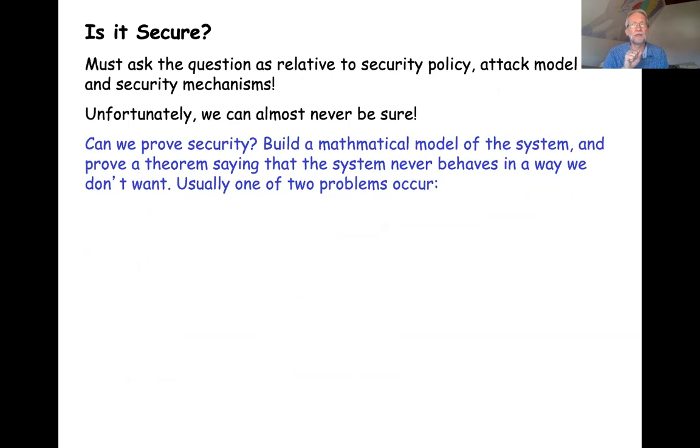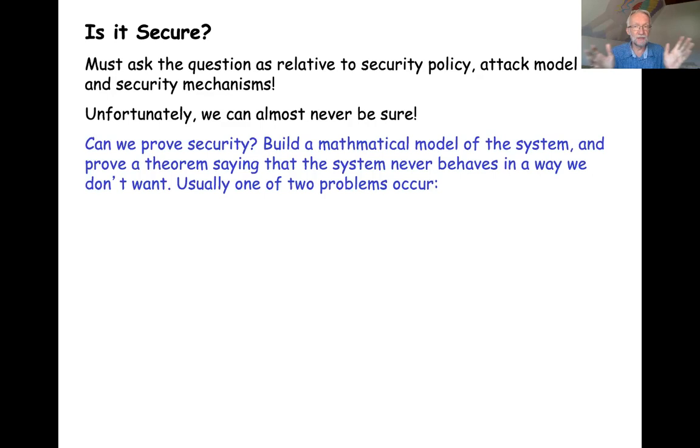Of course, you might say, given that we are scientists here, why should we accept not being sure? Can't we prove security? Doing that would mean we'd have to build a mathematical model of the system. We'd have to prove a theorem saying that the system never behaves in a way we don't want.